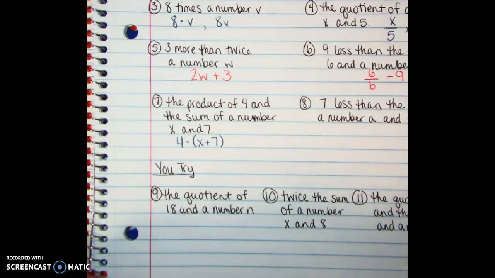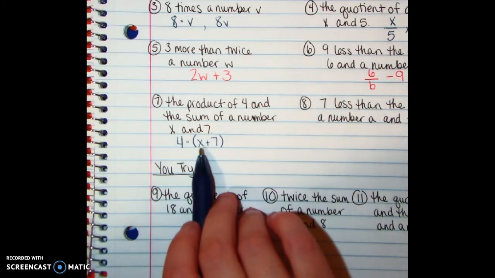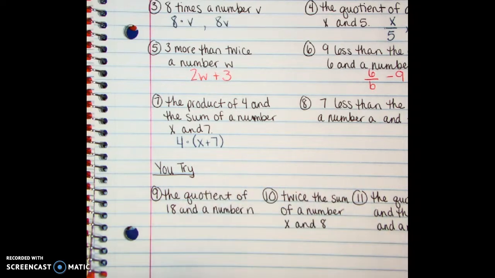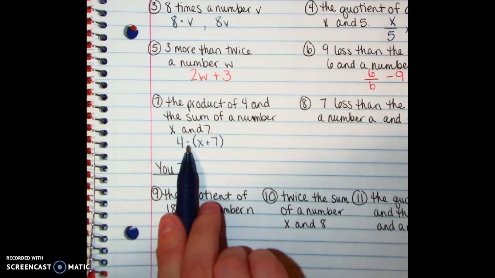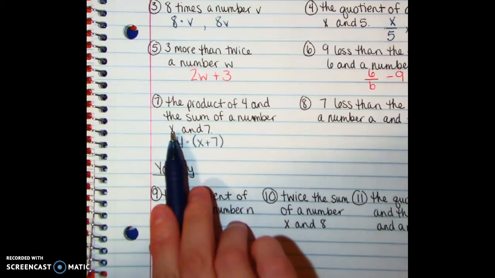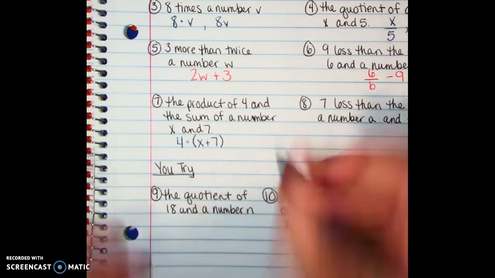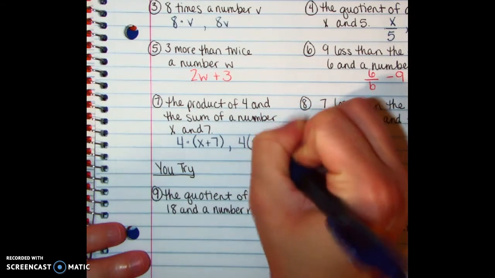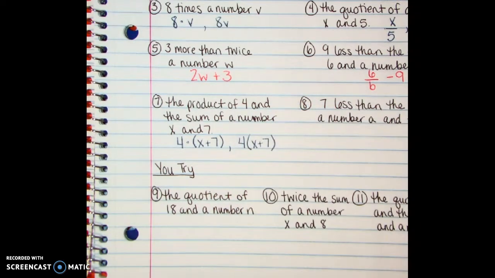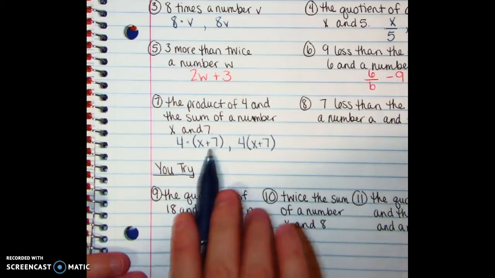If I didn't have the parentheses, it would be 4 times x first, then adding 7, and that's not what it's saying. You could also write it without the dot. So if it's a product or a quotient of a sum or a difference, that sum or difference needs to be inside parentheses.